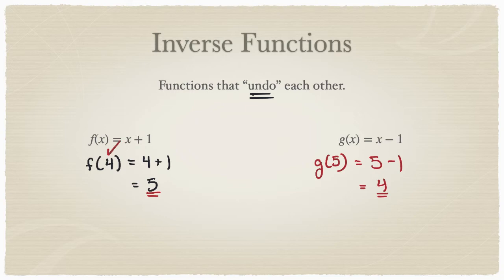And remember, 4 is what I started with. So the original function takes a 4 and maps it to a 5. The inverse function g takes the 5 and maps it back to a 4. And that's all an inverse does, is it undoes perfectly what the other function did.